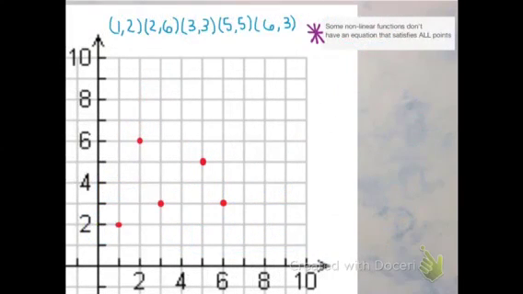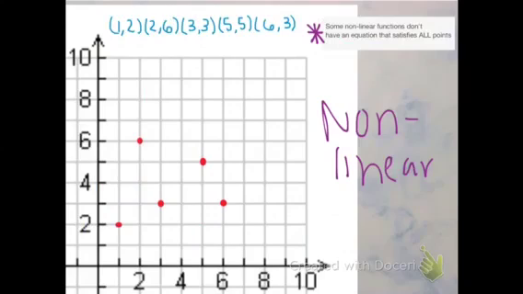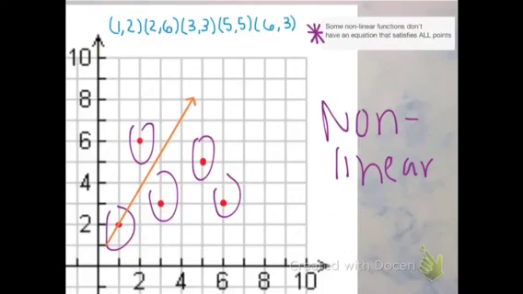Okay, now let's try another example. This graph shows a non-linear function. We notice that these points are all scattered, as in they have no way of increasing or decreasing. They're all over the place, but that doesn't mean that this graph isn't a function. No values of x are repeated, and you can check this through the vertical line test, which I'm going to show you right now.